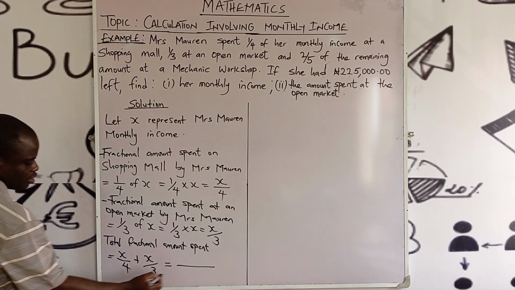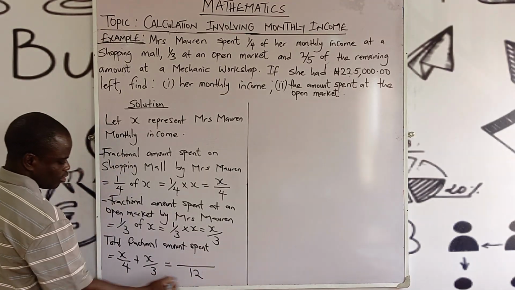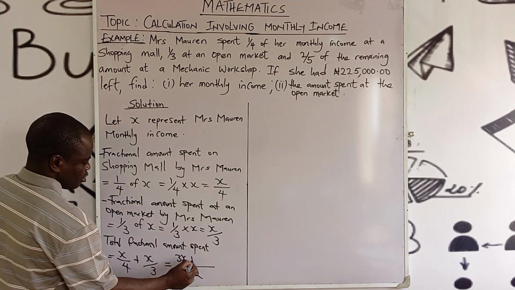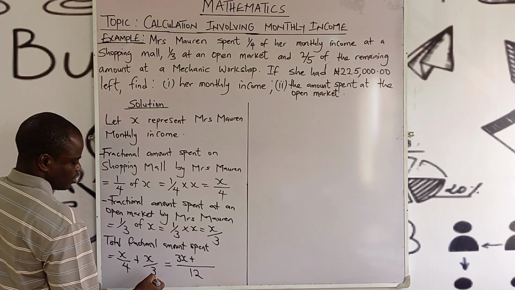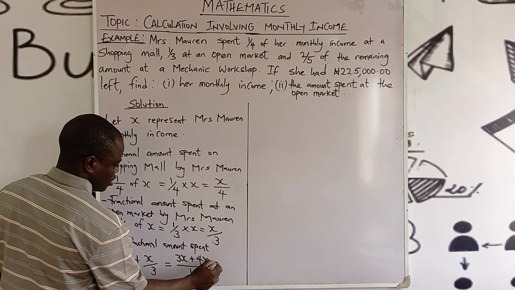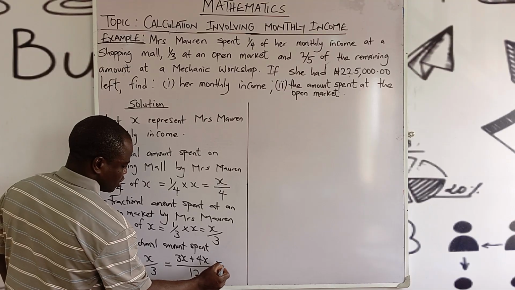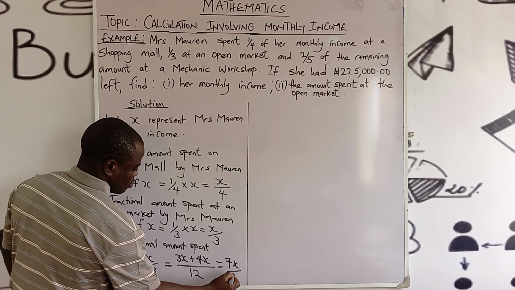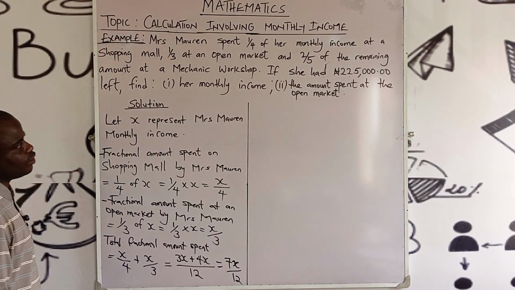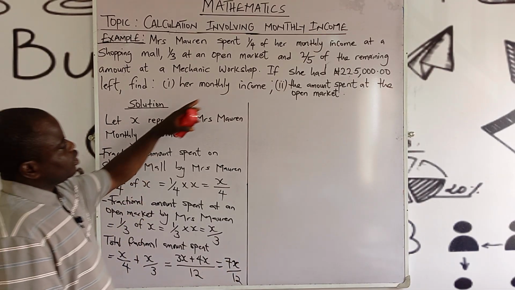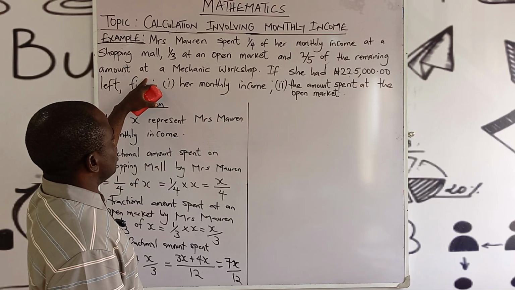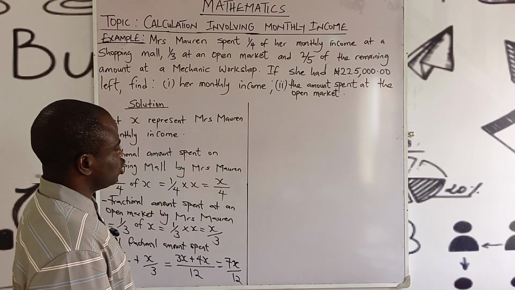The LCM is 12. 4 goes in 12, that's 3, 3 times X is 3X, plus 3 goes in 12, 4 times X is 4X. 3X plus 4X, that is 7X over 12.